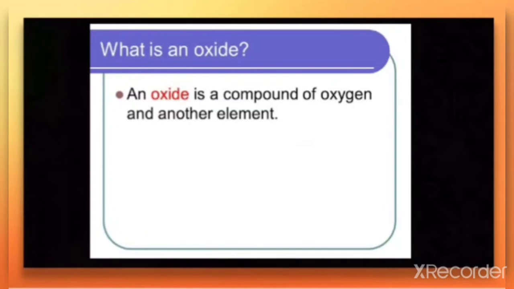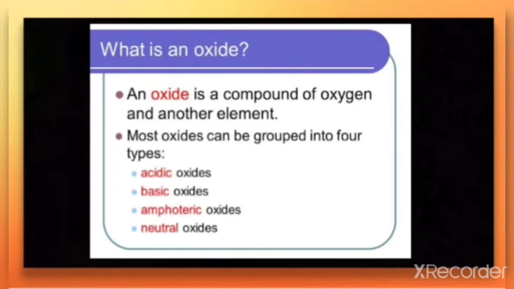The simple oxides can be classified on the basis of their acidic, basic, or amphoteric character. So the oxides can be grouped into four types: acidic oxide, basic oxide, amphoteric oxide, and neutral oxide. Let us discuss these types of oxides.